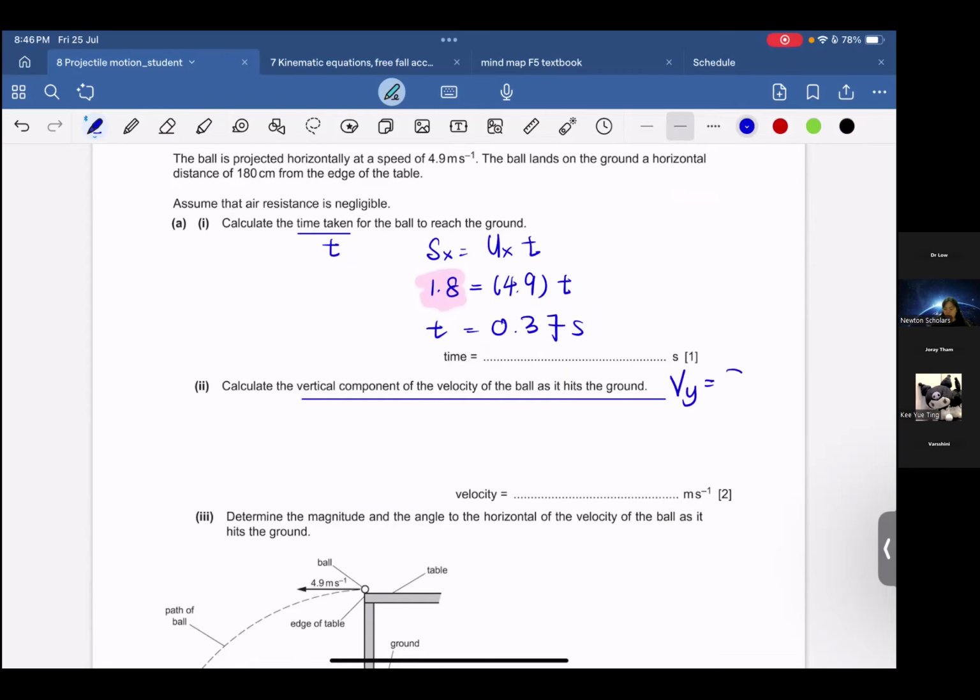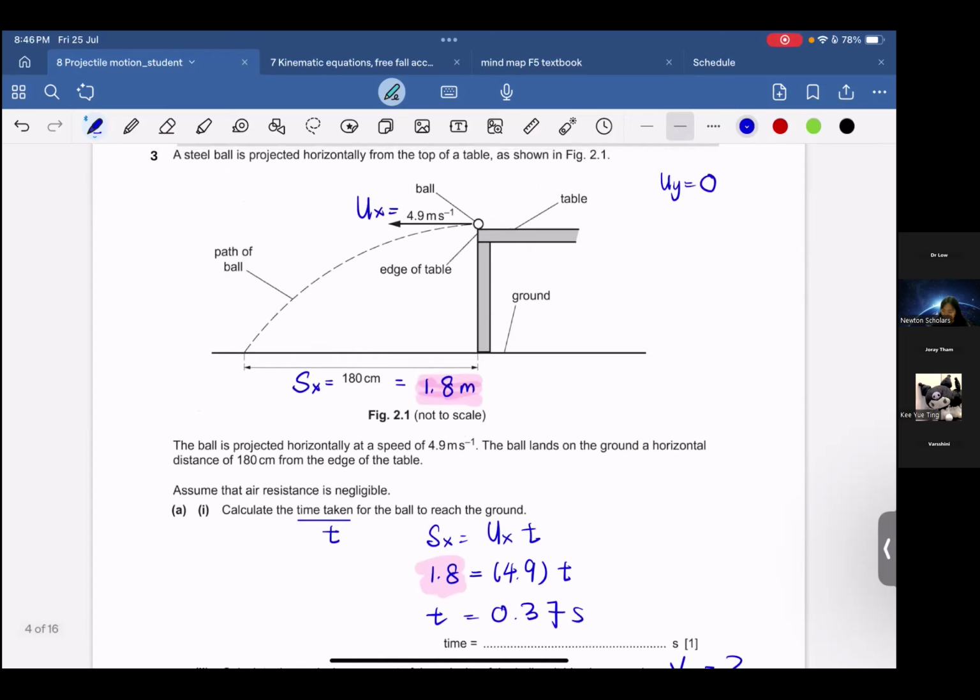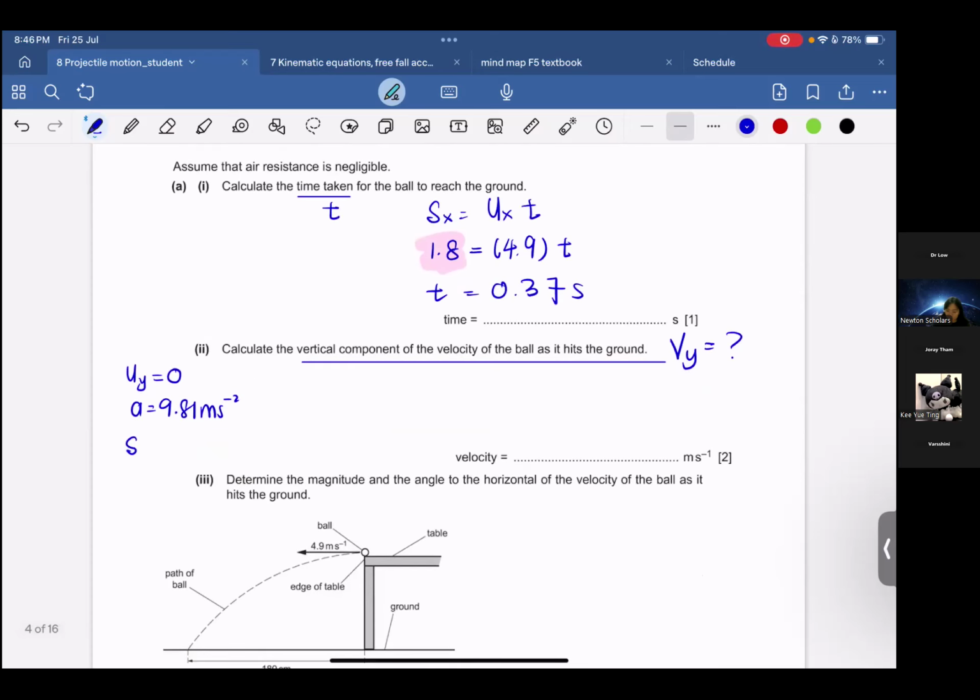What is your Vy? We list down the information that we know. Uy at start is 0. Acceleration is 9.81 meters per second squared. Do we know sy? No, but we know the time, 0.37 seconds, which we counted just now.